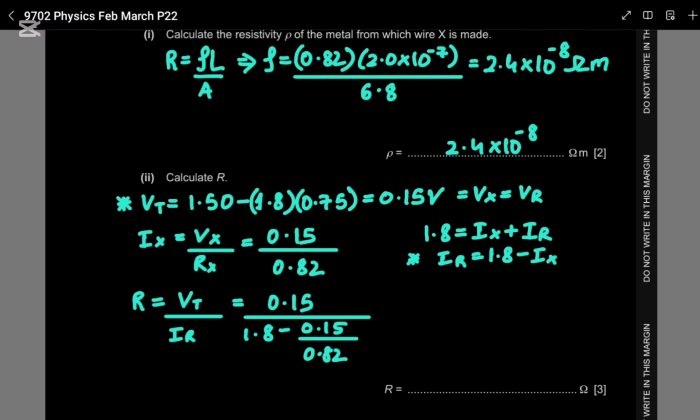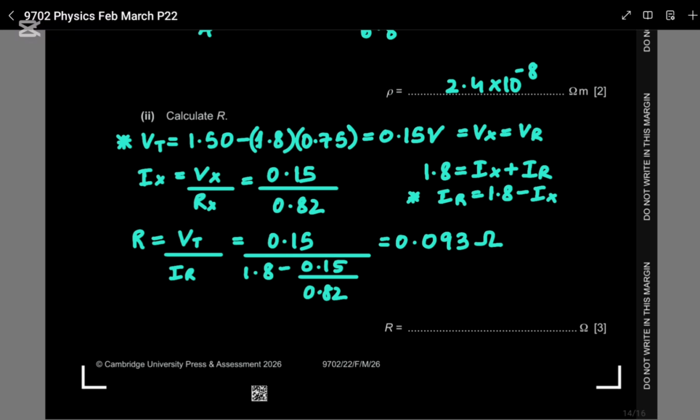Let me plug this into my calculator. 0.15 over 1.8 minus 0.15 over 0.82. So this gives me an answer of 0.093 ohms, to two significant figures.